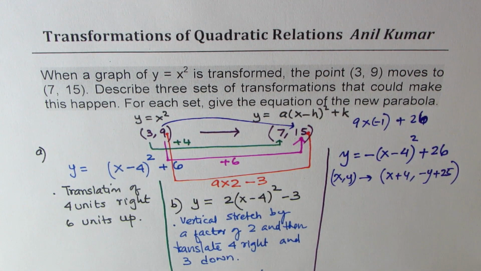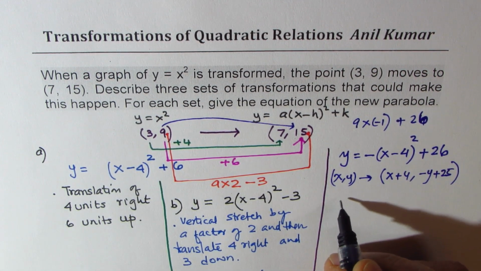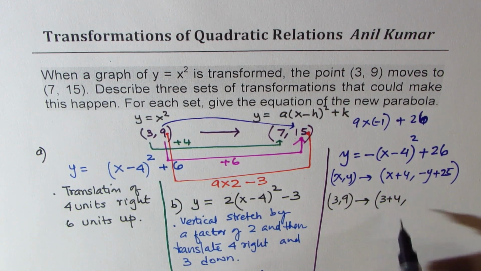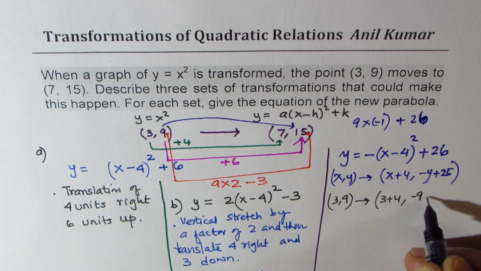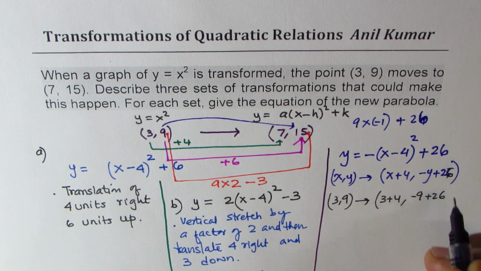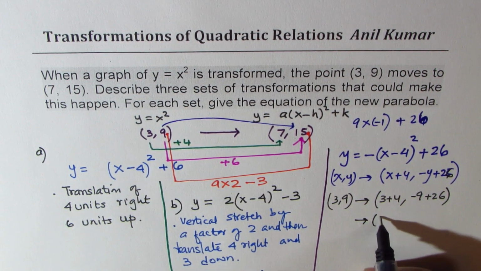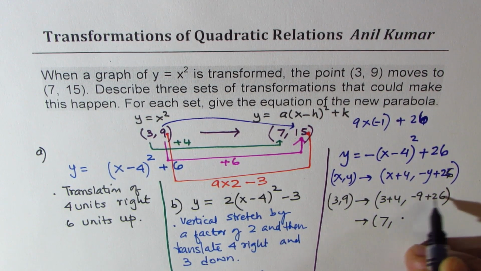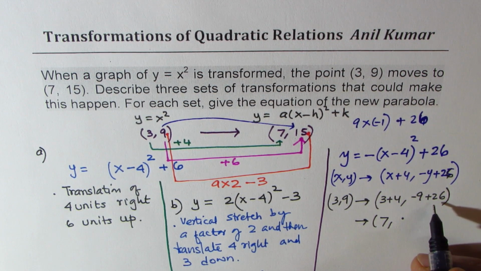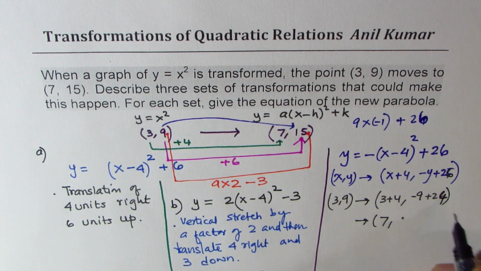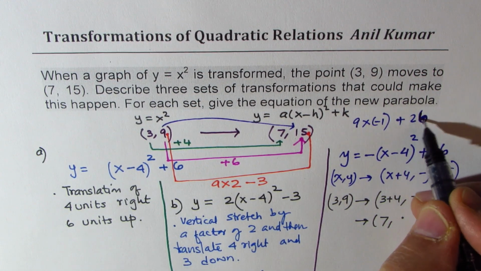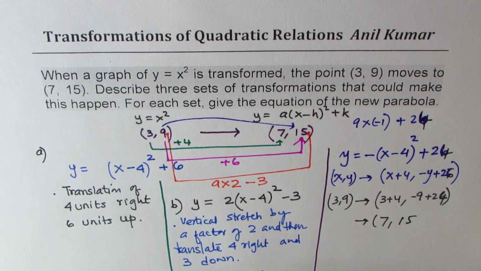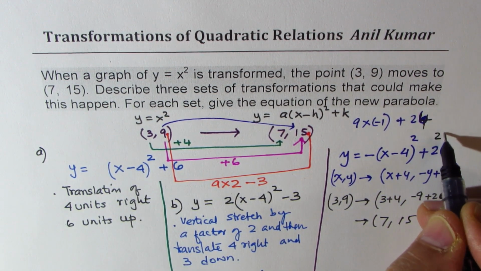So in our case, since the point is (3, 9), it gets transformed to 3 plus 4, which is 7, and the y value becomes negative 9 plus 24. Sorry, I said 26 earlier, but this should be 24, not 26.